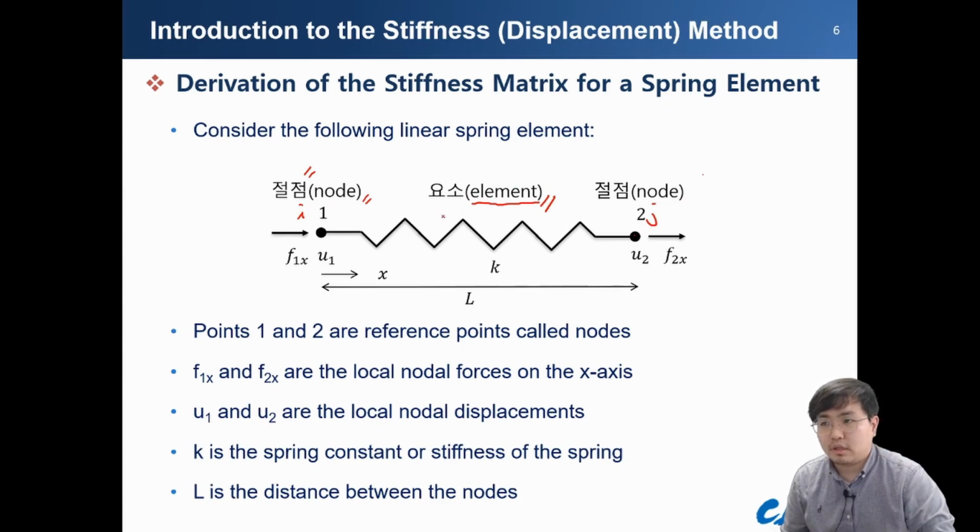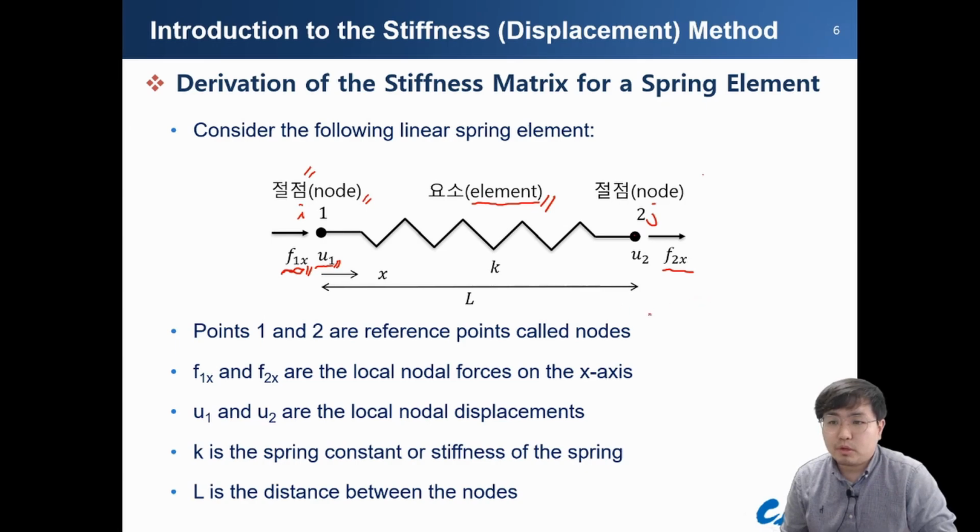And then each nodal point has its own displacement and force values. That means that in the single element we have two displacement variables and two resultant force variables.